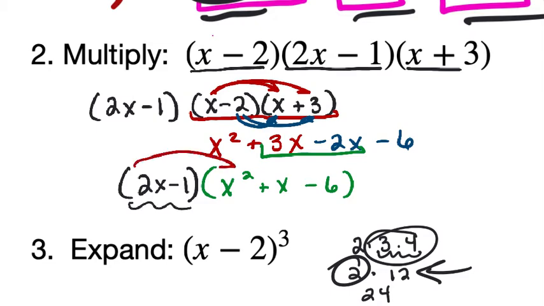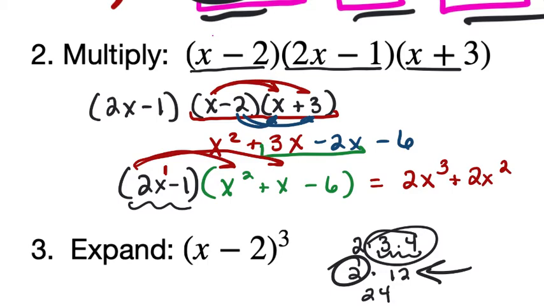So here we go. I'm going to distribute that. I get 2x cubed. Remember, we add exponents when we multiply here. X to the first times x squared, x cubed. I'd take 2x times x here. It's 2x squared.